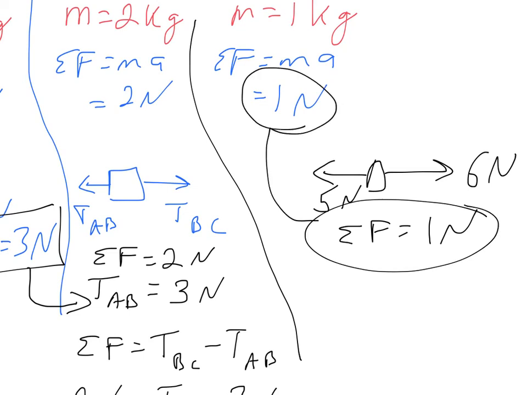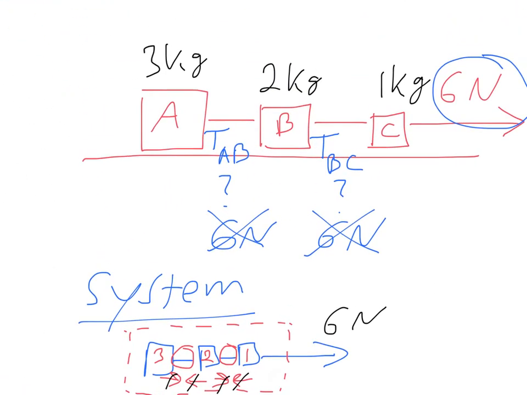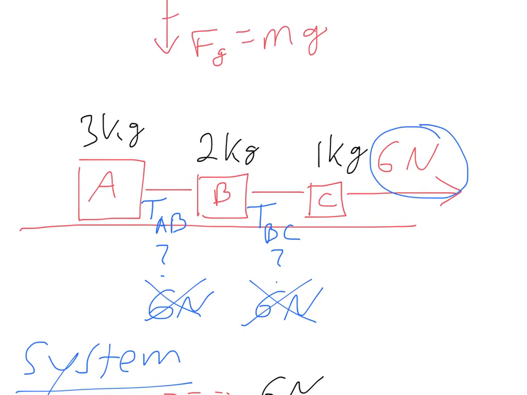So going back to the original drawing, we can see that this 6 newtons will pull a 6 kilogram mass with 1 meter per second squared of acceleration. 5 newtons of tension here will hold this back against 6 newtons, giving it 1 newton of net force.